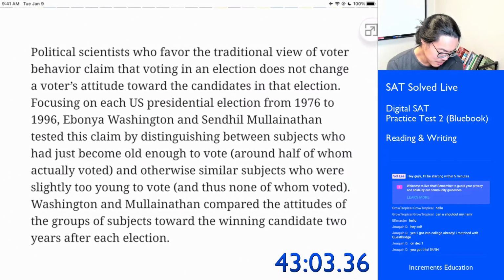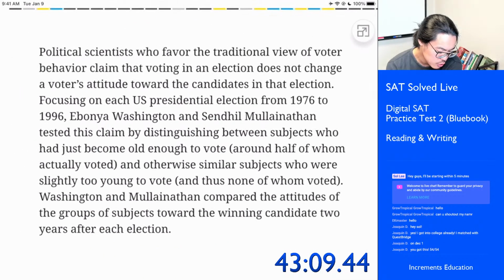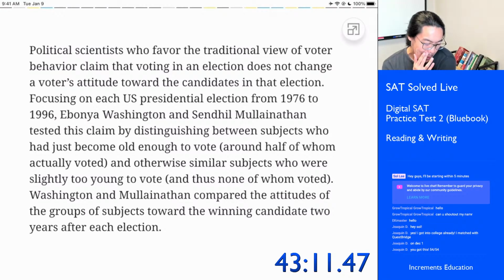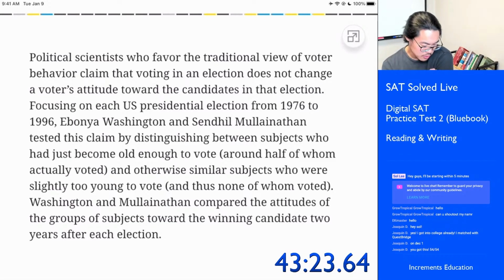Okay, we're looking for support, I assume. Weaken the claim. We're weakening the traditional view. People who favor the traditional view claim that voting in an election does not change an attitude. I've seen this one before too. Anyway, voting does not change the attitude.